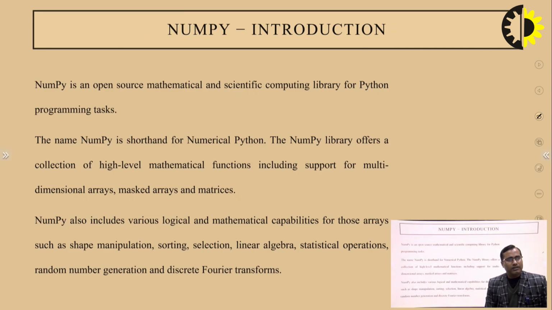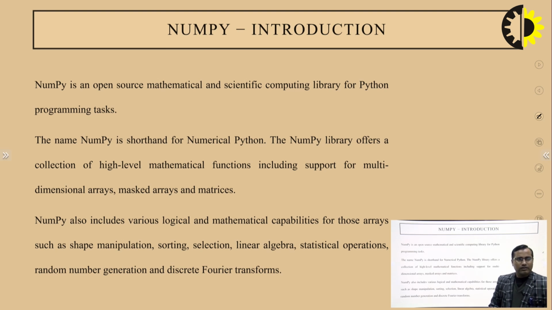NumPy is actually an open source multi-dimensional, mathematical and scientific computing library for Python programming tasks. The name NumPy is shortened from Numerical Python, as I have said, and the NumPy library offers a collection of high-level mathematical functions, including support for multi-dimensional arrays, masked arrays, and matrices.